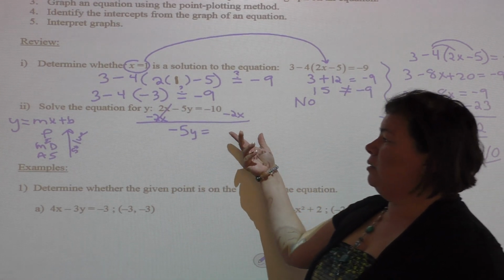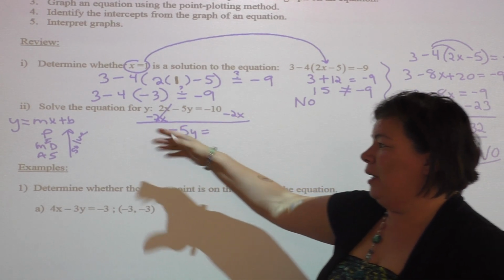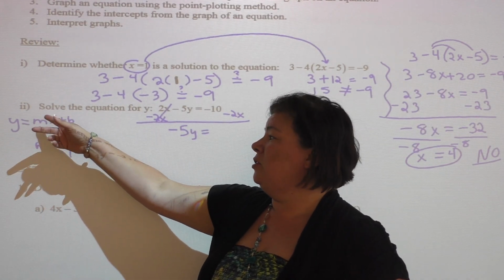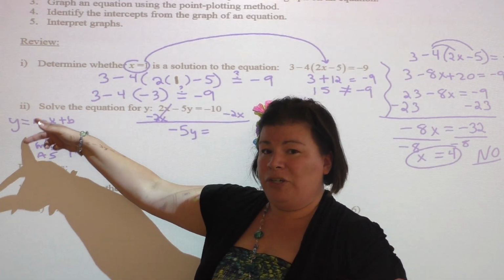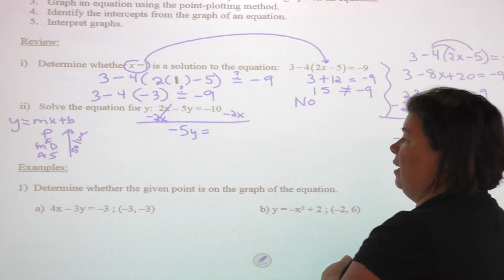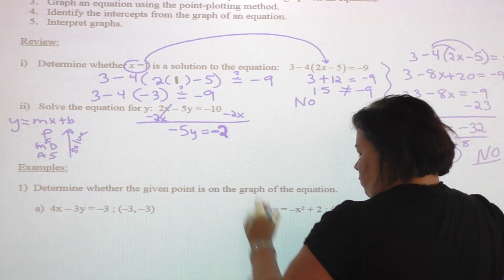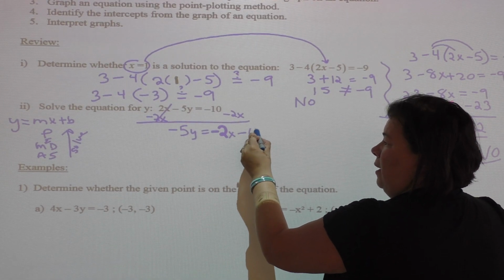Now the proper way to put this, you're used to it not mattering, but if we want to put it in slope-intercept form, the slope is the coefficient in front of the variable x. That would be the -2x. So the proper way is to state the -2x first and then -10.